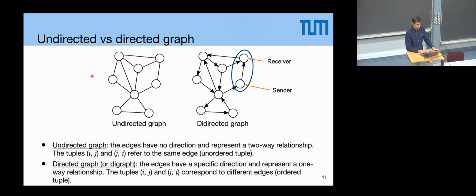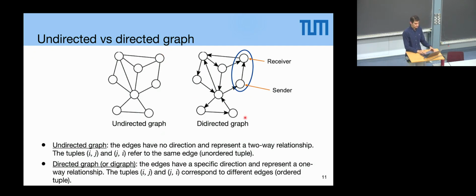So let's have a look at some different classifications that will be useful later. First, as I mentioned, we can have an undirected graph, where the edges don't have a direction and represent a two-way relationship. For instance, this could be a social network like Facebook, where if node i is a friend of node j, then node j is also a friend of node i.